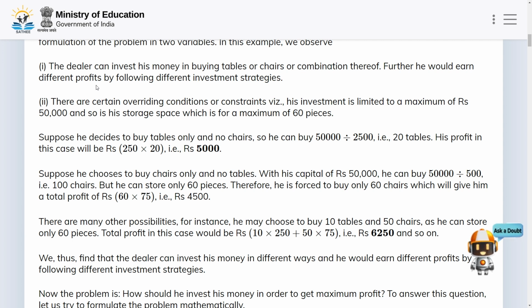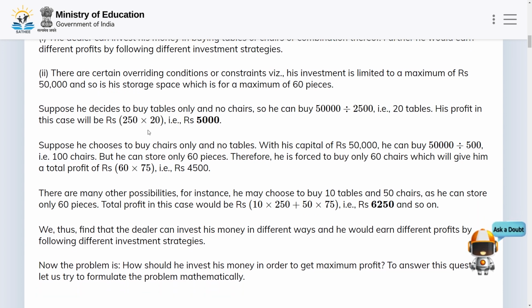You have to maximize your profits and minimize your input, expenditure or cost, whatever you want to call it. Obviously, if you give the dealer these three options, he will go with the last one, as he will be getting back 6,250 rupees.